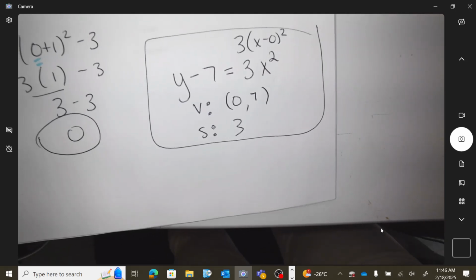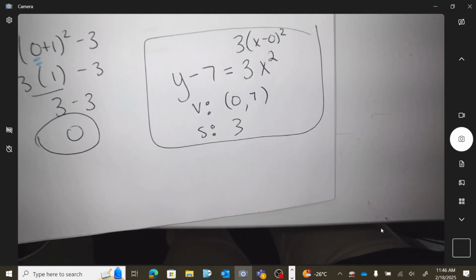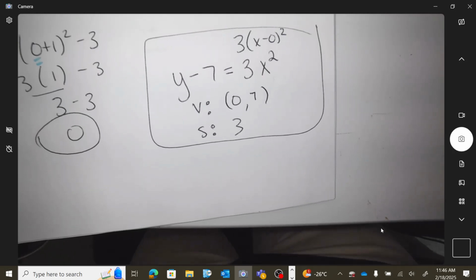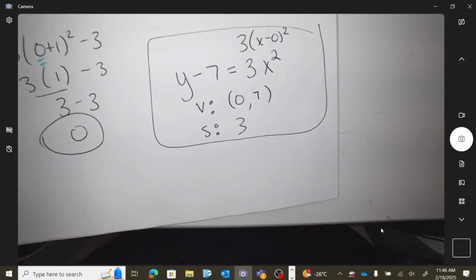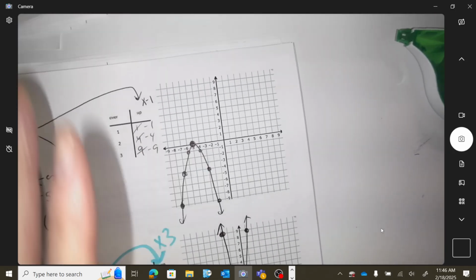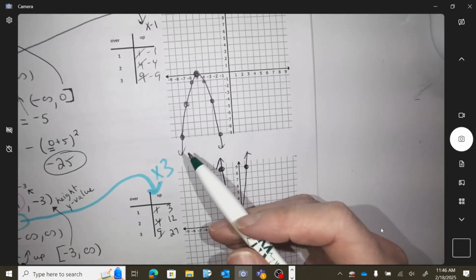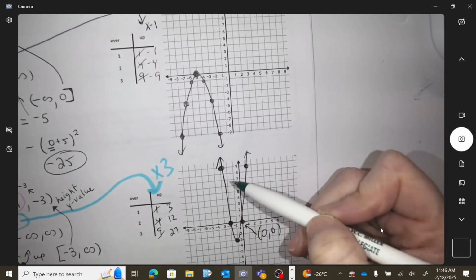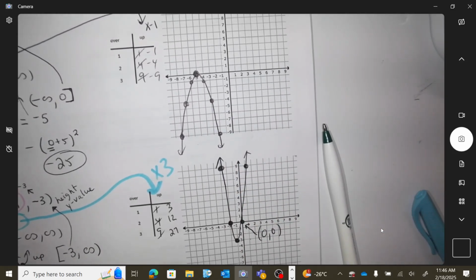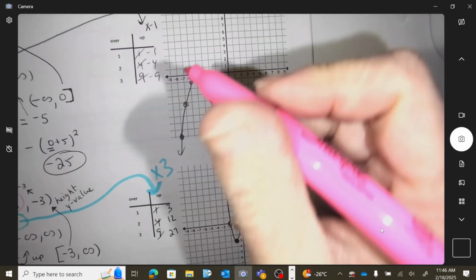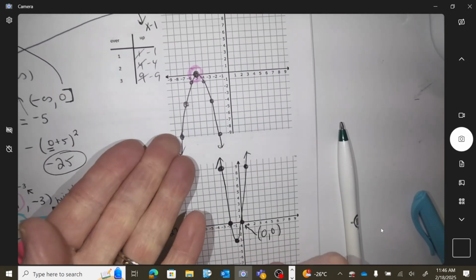And is there a word on there that says min or max on your homework? Yeah. Okay, and then on your homework it says min or max. So here's all you need to know. When your parabola opens down, your vertex is considered a, would this be a min or a max?